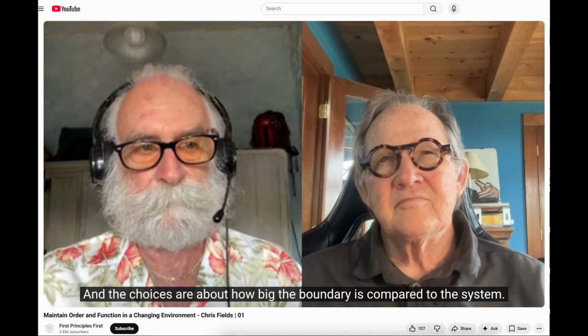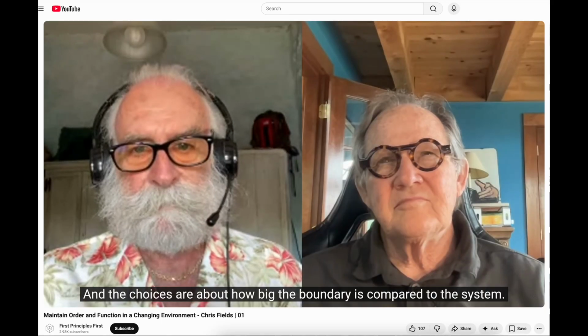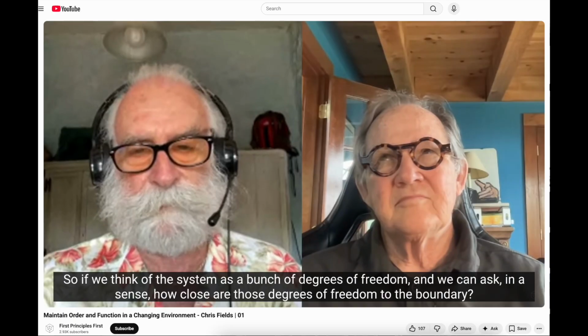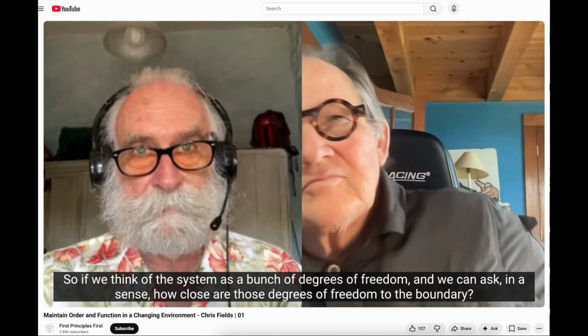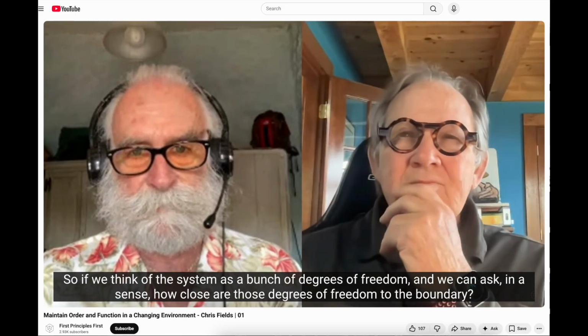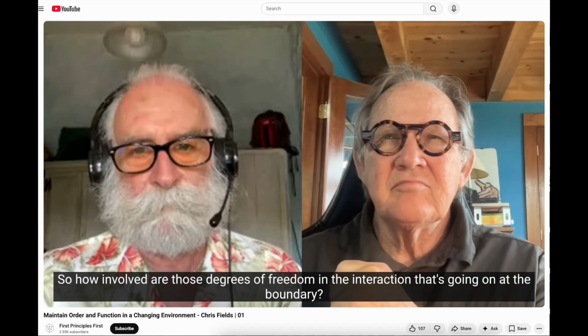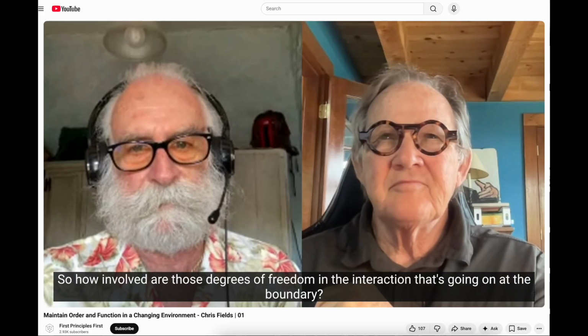And the choices are about how big the boundary is compared to the system. So if we think of the system as a bunch of degrees of freedom, we can ask, in a sense, how close are those degrees of freedom to the boundary? So how involved are those degrees of freedom in the interaction that's going on at the boundary?